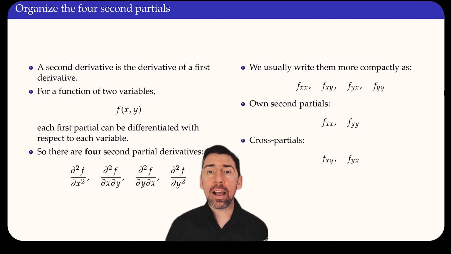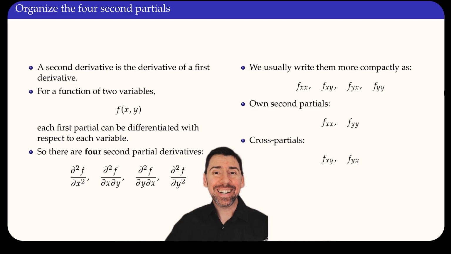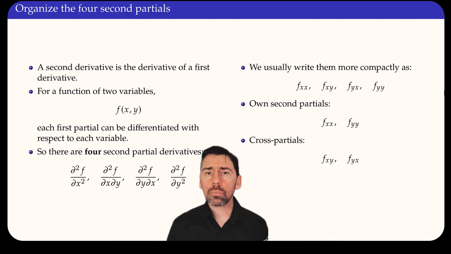We call that an own second partial, and f subscript yy is the derivative of f with respect to y, and then the derivative of that again with respect to y. We also have these cross partials, so we take the derivative of the function with respect to x and then take the derivative again with respect to y, or in the opposite order, and these are denoted as f subscript xy and f subscript yx.